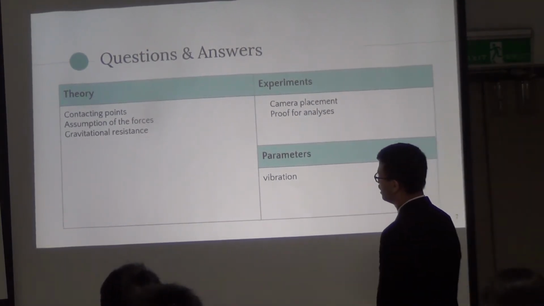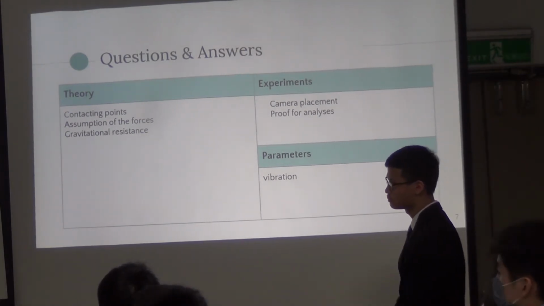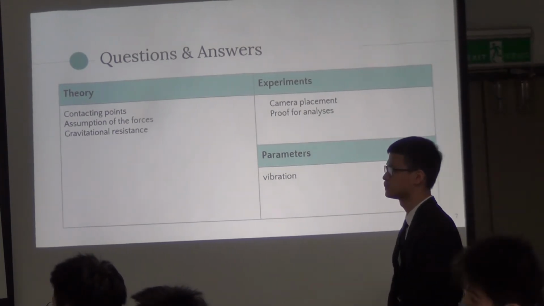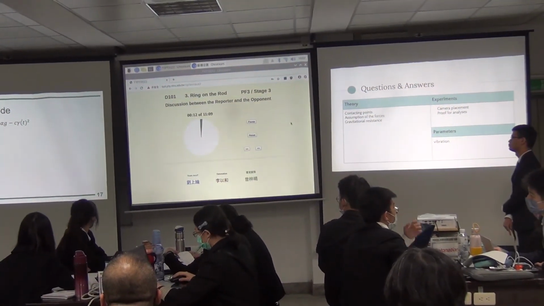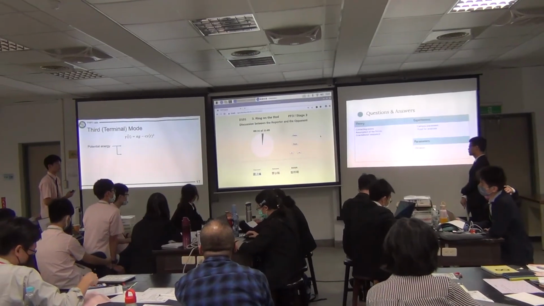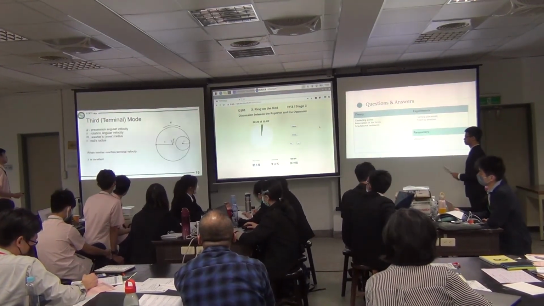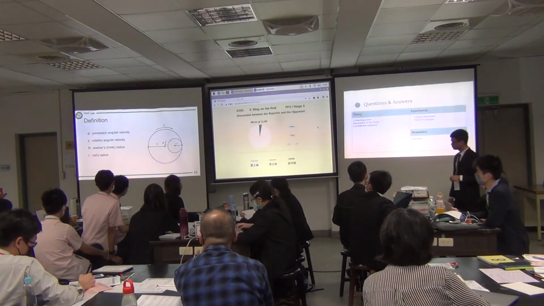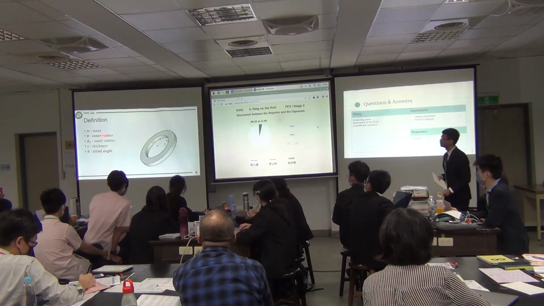So first, why do you assume that there's only one contact? Because I just investigated that the contacting point actually has two different situations, which are one contact point and second contact point. Yes, very good. So I have a definition here: inner radius and outer radius, right?